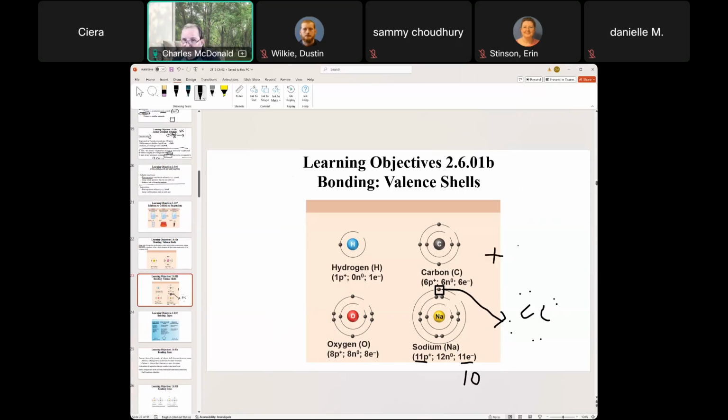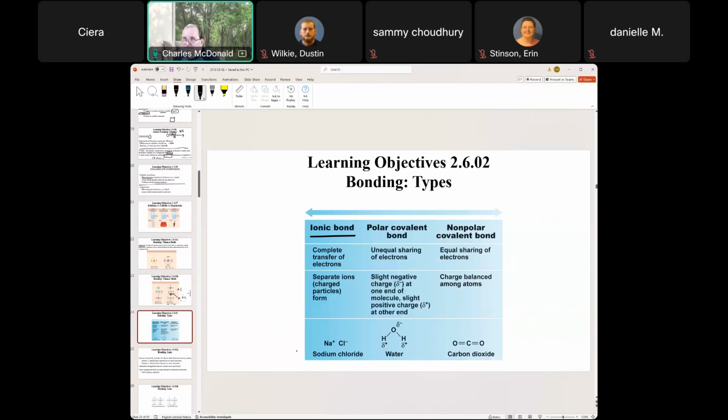So that means sodium now has a +1 charge. Most atoms are neutral, but when you lose an electron or you get one, you've changed things. Chlorine now has one more electron than it does protons, so it has a -1 charge. Positive and negative attract each other. So that's why sodium and chlorine get together and make salt.